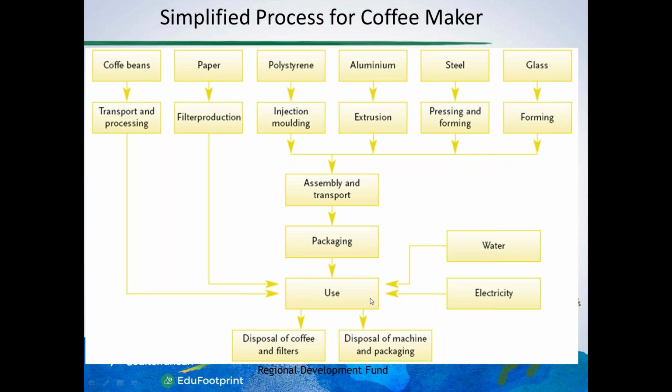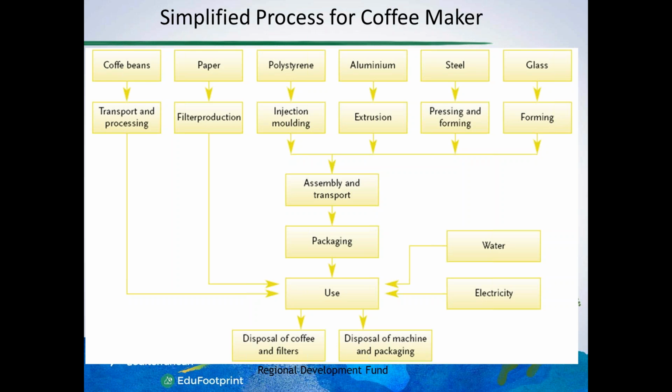Here there is the coffee maker that needs water and electricity to work. And then there is disposal of coffee and filters and disposal of the machine itself and the packaging to transport the coffee maker.